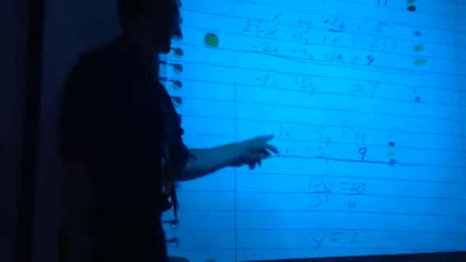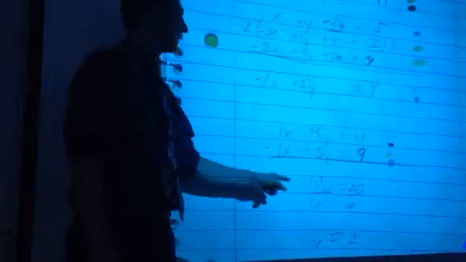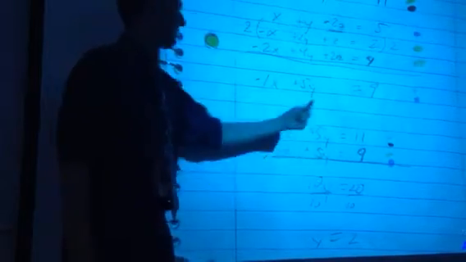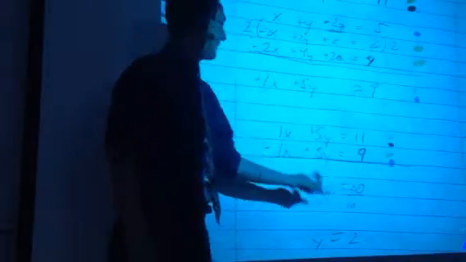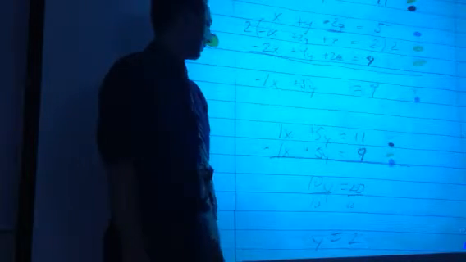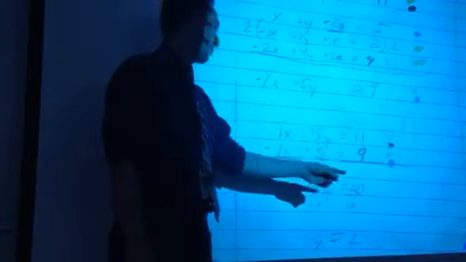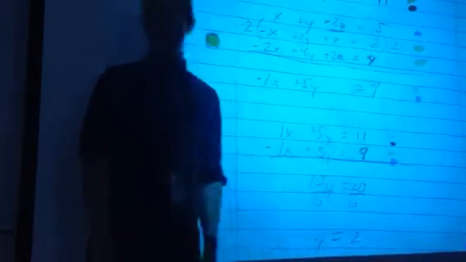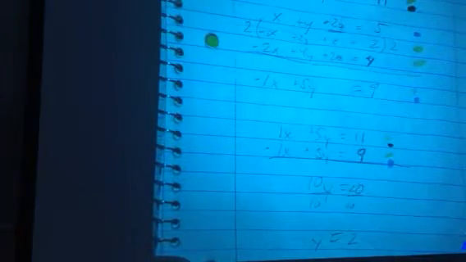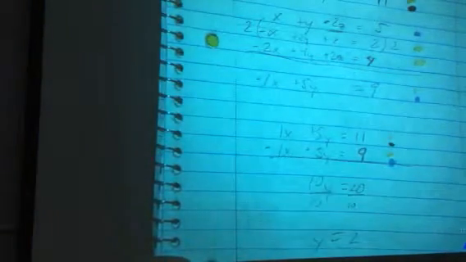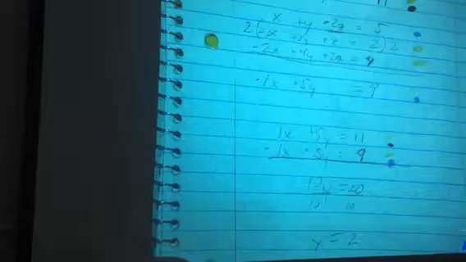Because 1x plus negative 1x eliminates the x. 5y plus 5y gets us to 10y. 11 plus 9 gets us to 20, and we have 10y equals 20. We divide both sides by 10 and get y equals 2. Now we know what y is.